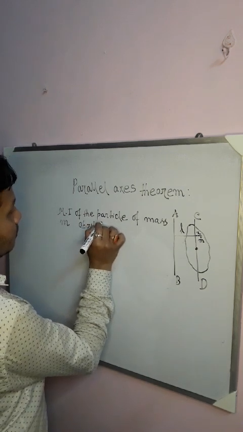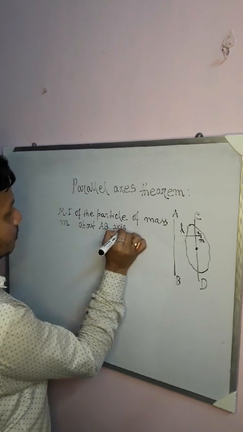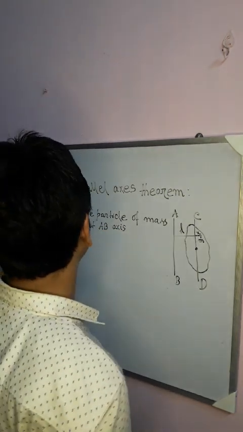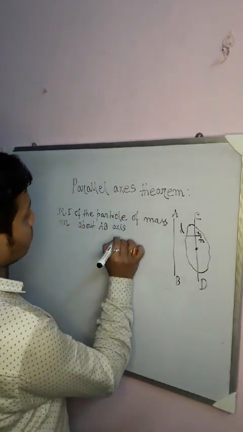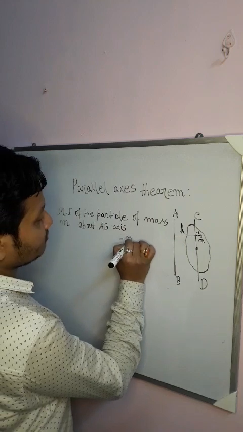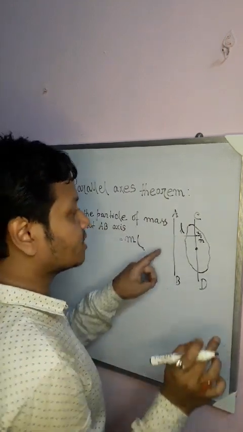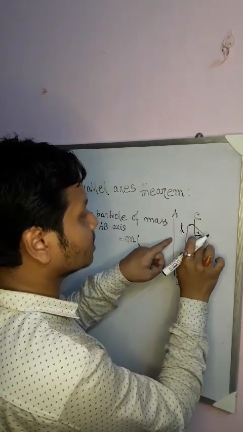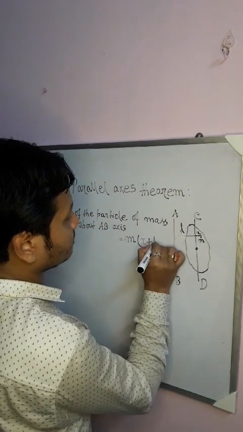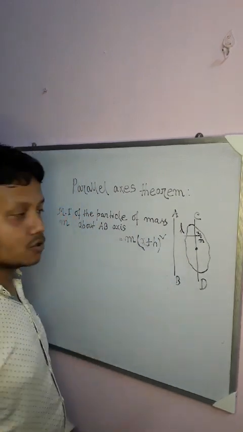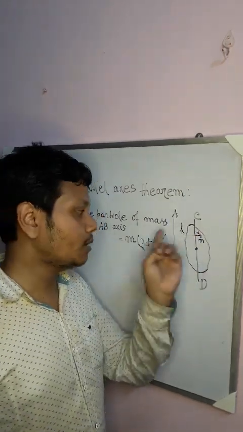This is simply m into, with respect to AB, we have to consider the distance between AB and mass m, that is this is h and this is x, so m into x plus h whole square. Fine. So what will be the moment of inertia of the entire lamina about the AB axis?